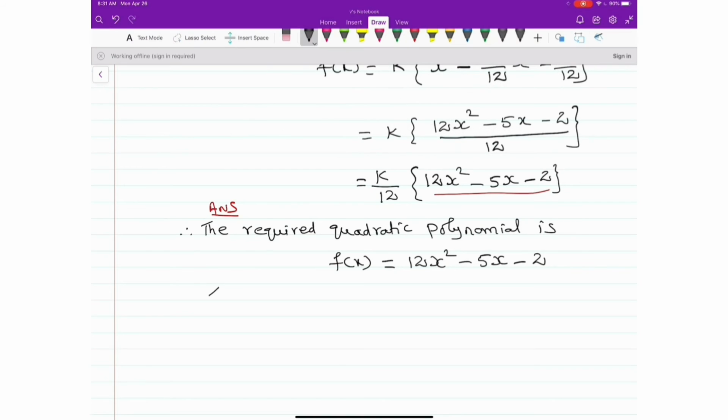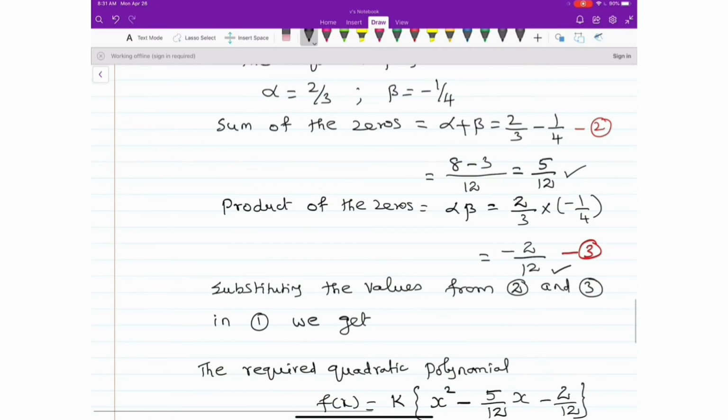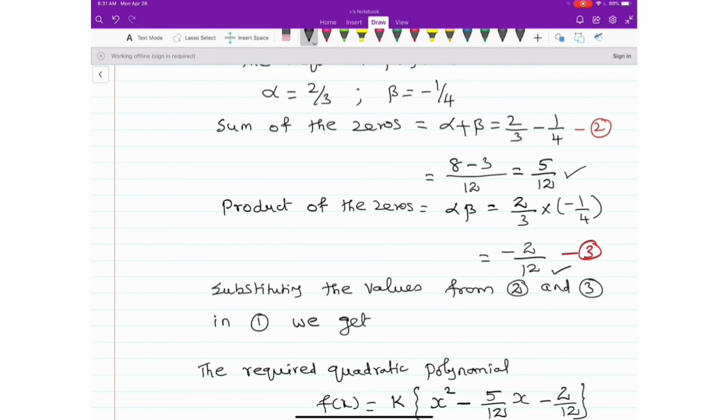What is sum of zeros? Sum of the zeros is equal to alpha plus beta. Actually, we got alpha plus beta as 5 by 12, alpha beta as minus 2 by 12.